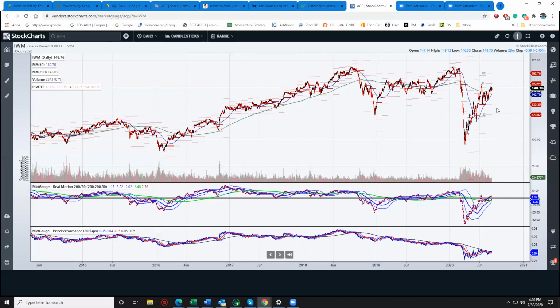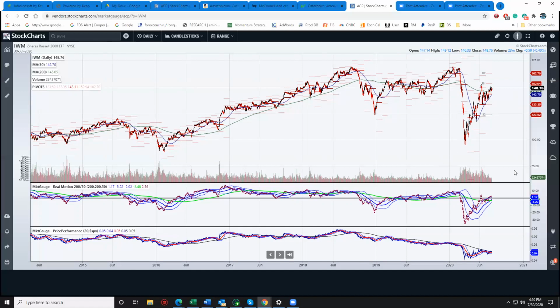Now, we did have a bunch of reports come out, Facebook, Amazon, and Google, and they were all really on fire. So it's going to be interesting to see what this ratio does tomorrow, and if in fact these big gaps at the moment that seem apparent for tomorrow will continue.